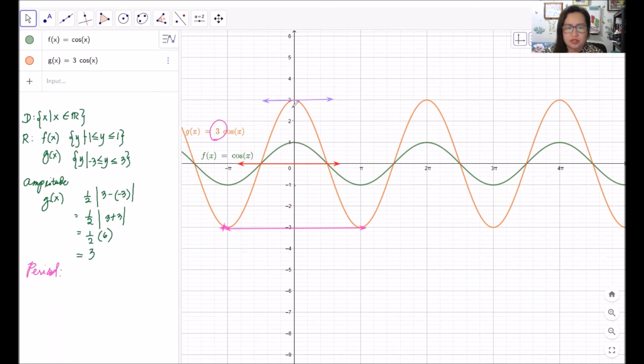From 0 to 2 pi, for cosine, we have one complete cycle. What about in g of x equals 3 cosine x? From this point, going down, then going up, we have one complete cycle. So that means both functions g of x and f of x will have a period of 2 pi.